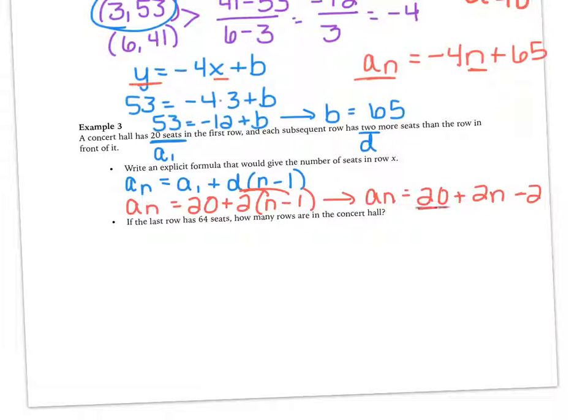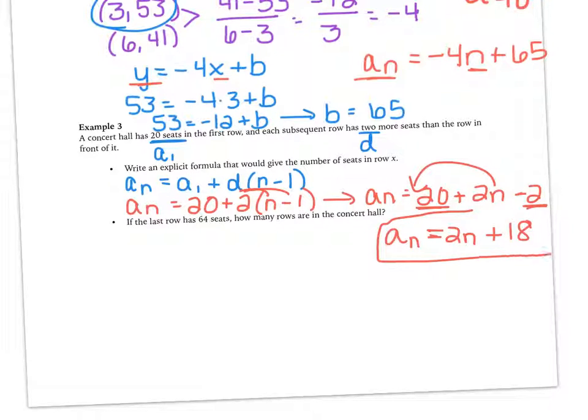And then I'm going to put the 20 and the 2 together, and put the 2n up in front. So my final formula looks like this: A sub n equals 2n plus 18. And that's my explicit formula. So that would tell me how many seats are in the 5th row, how many seats are in the 12th row.